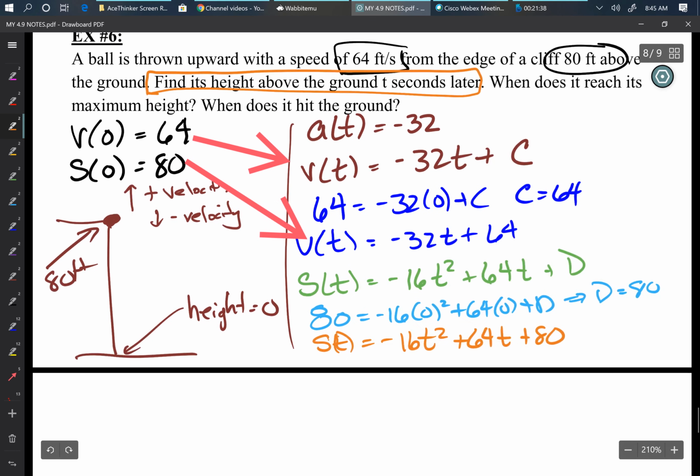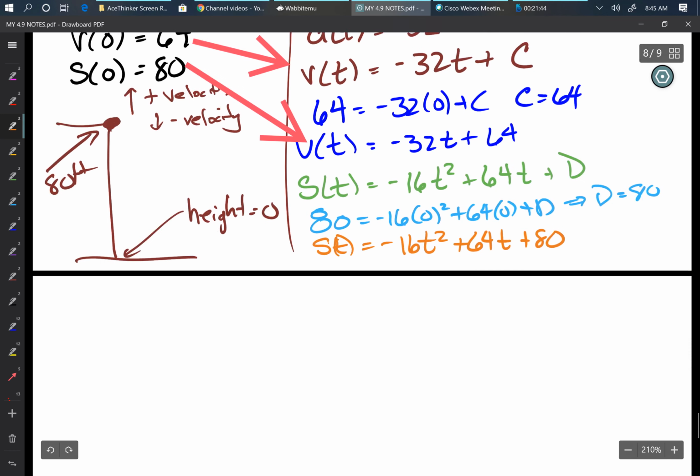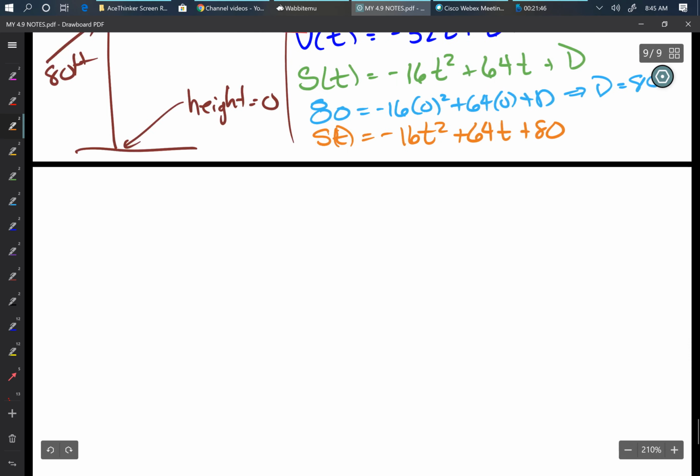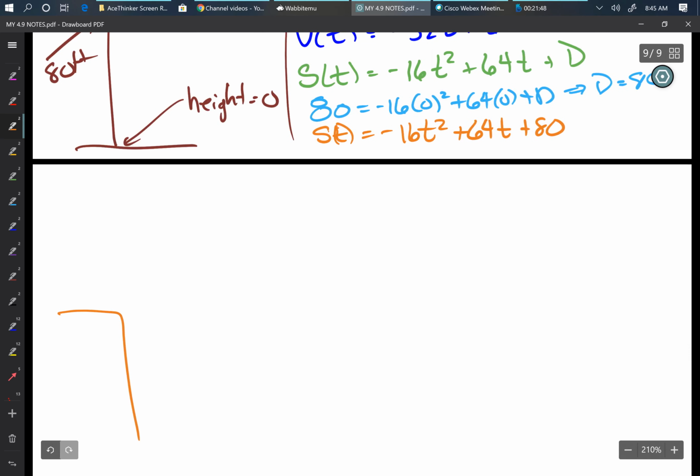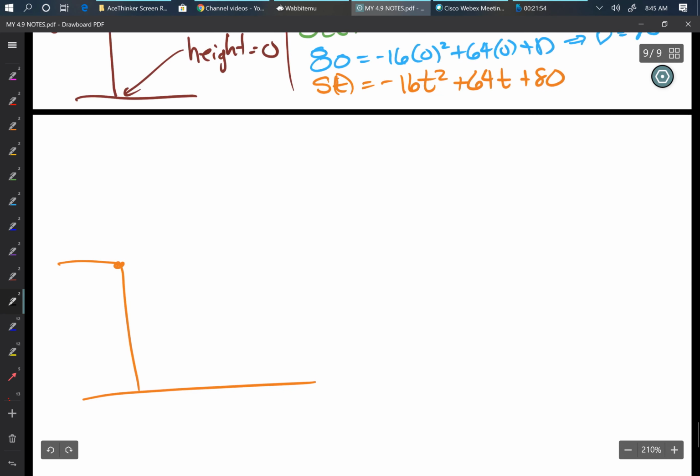Okay, and so now I'm supposed to find out when does it reach its maximum height and when does it hit the ground. So if I redraw my picture down here, we're starting here. A ball. The ball goes up, the ball goes down.